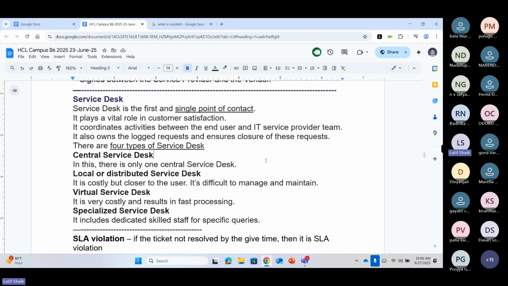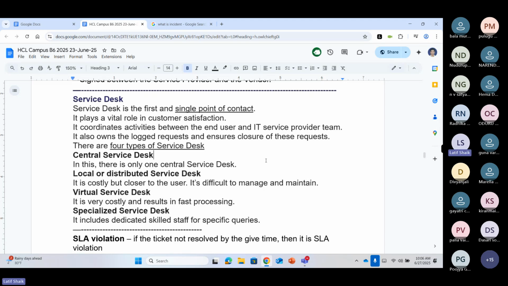It is based on my customer base. My customers are global, and I have one service desk. People connect to my service desk and get support from it. This is centralized, only one central service desk.